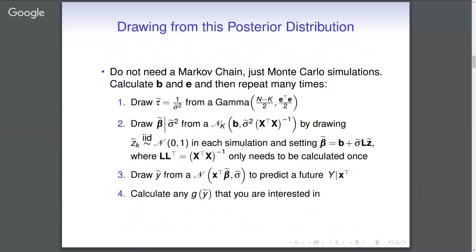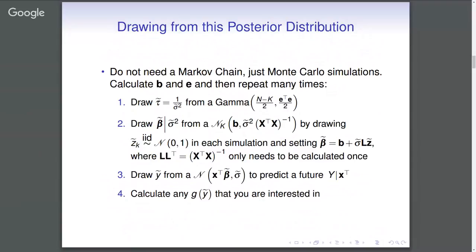Now there's a more efficient way of doing that, which we've learned, which would be to just draw a vector, let's say k values z, independently and identically distributed from a standard normal distribution, multiply z by L, which is the Cholesky factor of (X transpose X) inverse, multiply that by sigma, add it to b, and you have a draw from the multivariate normal distribution in step 2. But that's really just an efficiency thing. Any way of drawing from a multivariate normal distribution is going to be fine here. So that's step 1, that's step 2.